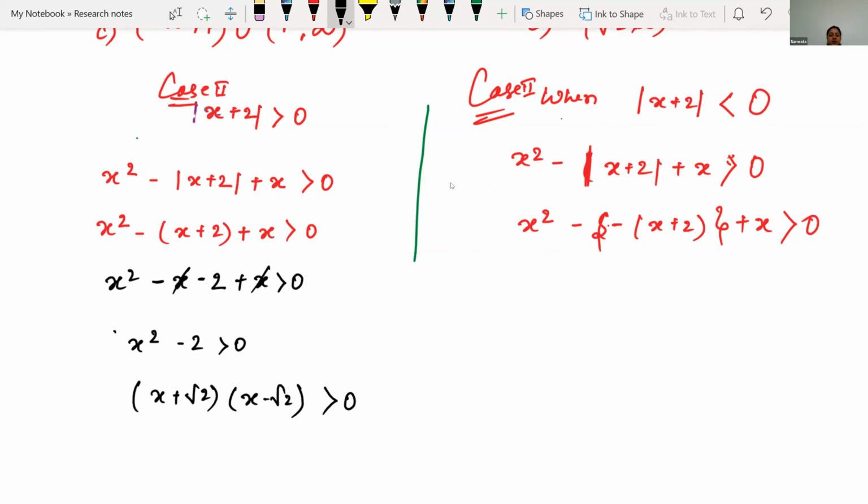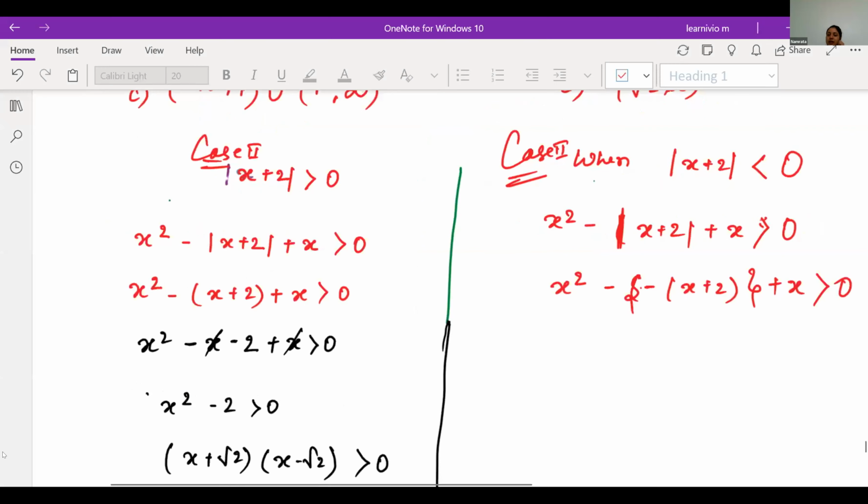Do you know the wavy curve method to solve an inequality, to get the range of the inequality? No, ma'am. Let me show you here only.